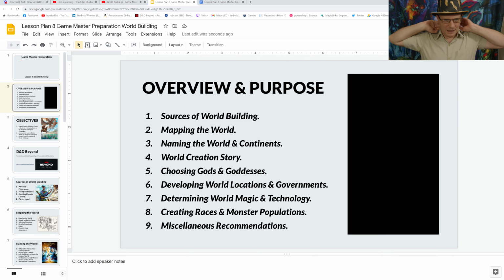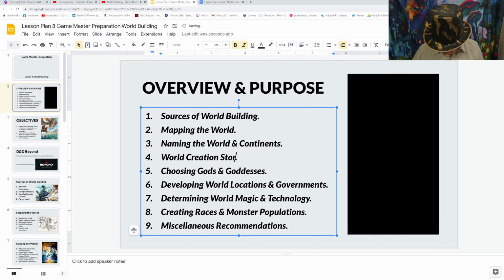Okay, so overview and purpose. Sources of world building, not a problem. Mapping the world, naming the world and continents. Okay, world creation stories. I'm going to put stories. I think that's fine. Choosing gods and goddesses. I mean, that's basically deities, but we could use gods and goddesses rather than that.